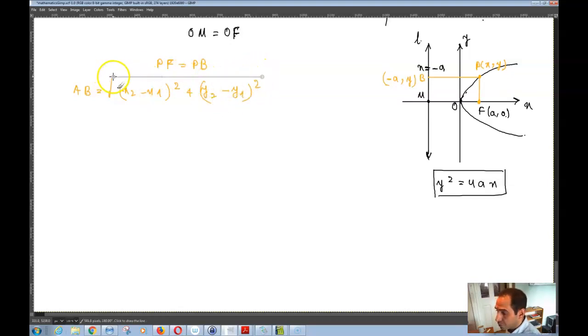If you use this formula for these two distances, for PF you have the point (x, y) and the point (a, 0). So you can write this distance as the square root of (x minus a) whole squared plus y squared.